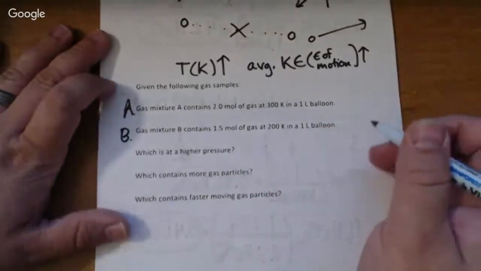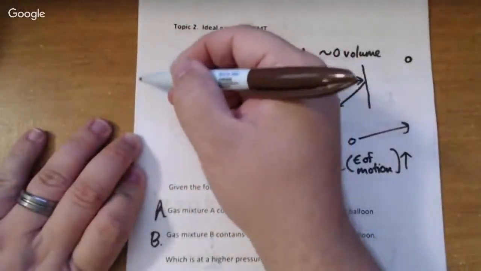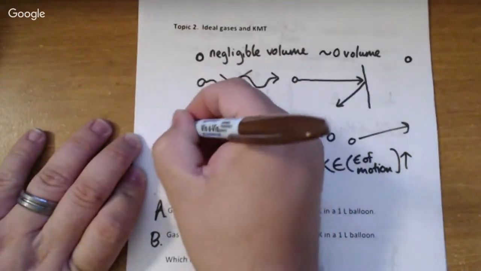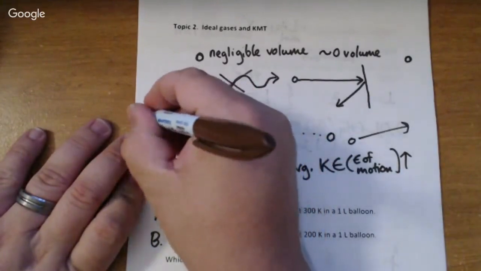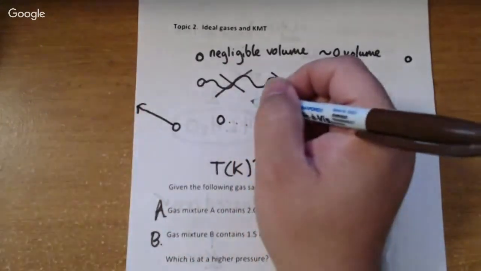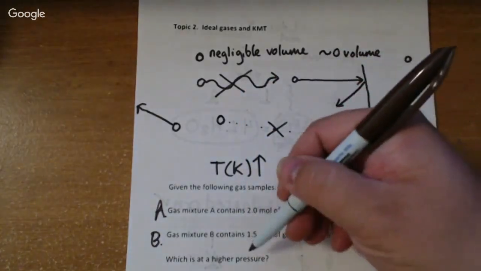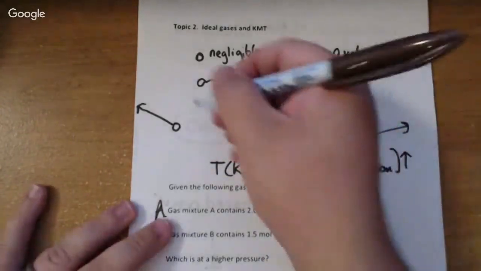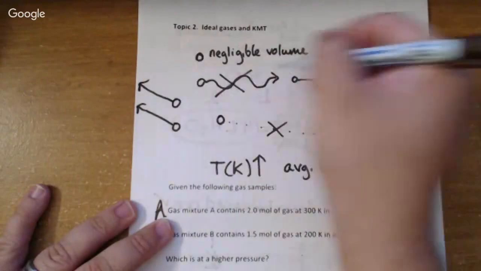How do gas particles cause pressure? Well, let's pretend that the edge of this paper is a wall. If I'm a gas particle, the way I cause pressure is by striking that wall. Well, we can think of a few ways that we could increase that gas pressure because we're looking for higher gas pressure. One way to increase gas pressure is to not have one particle, but have 2 particles.